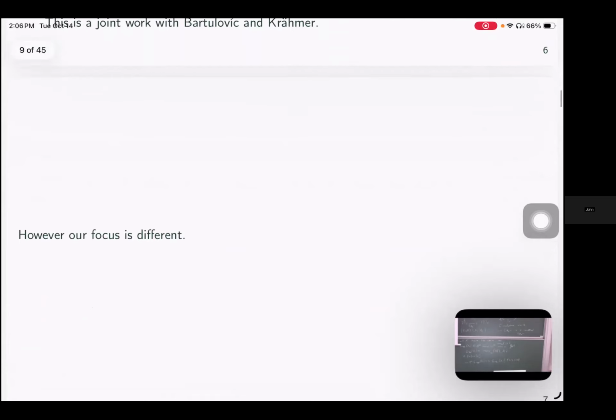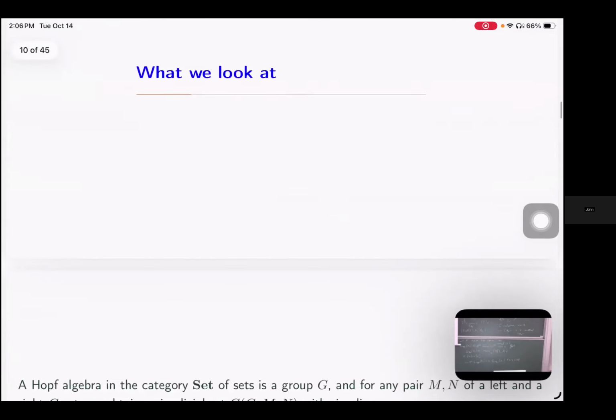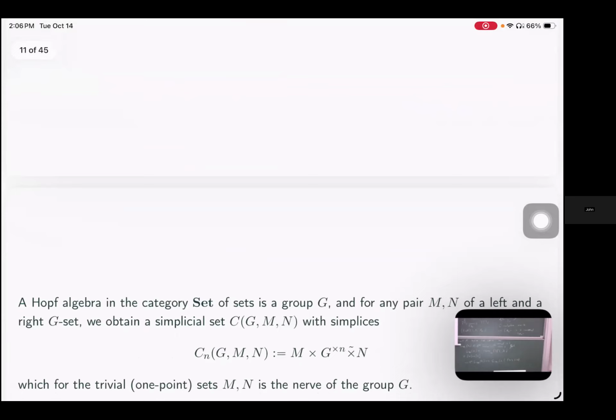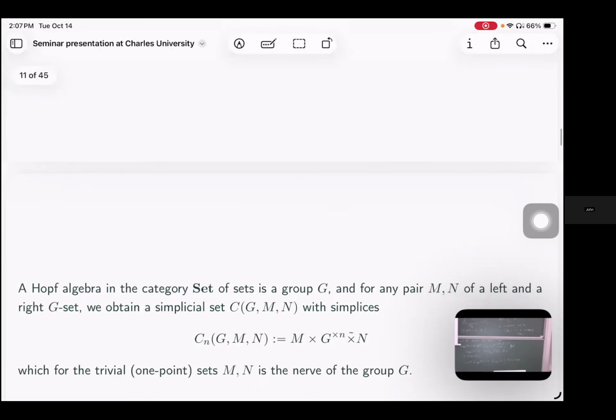All right, so what do we want to do here? We want to look at the Hopf algebra in the category of sets, which is a group G. And then if we want to look at modules over a Hopf algebra in the category of sets, we would want to be looking at something like G-sets.